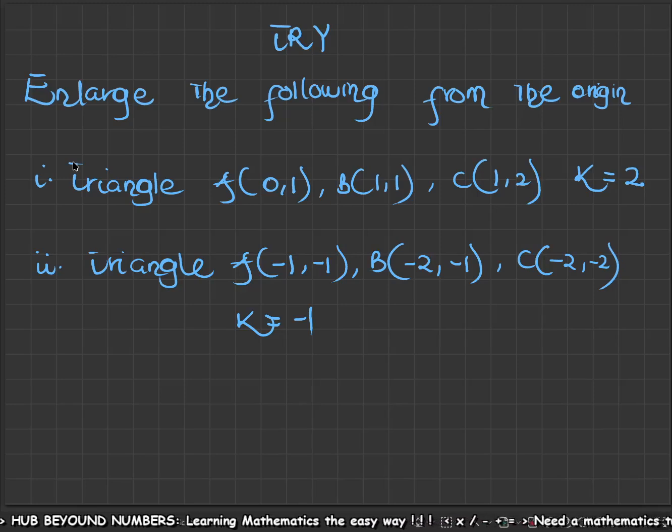You should enlarge the following from the origin. And the first one, you're enlarging by a scale factor of 2. So that simply means it's going to be bigger. Then the second one is a scale factor of -1. So it's going to be of the same shape, but it will be flipped to the opposite side. You can try this and let me know in the comment section if there is any issue of concern.